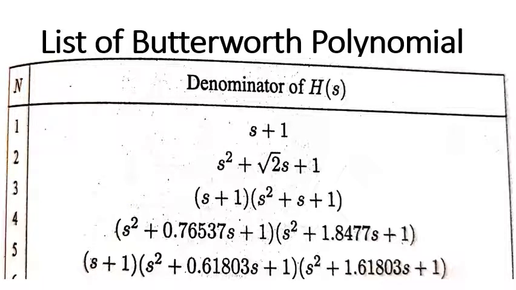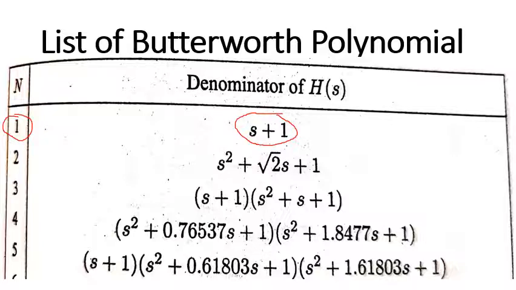Once we have computed the order for a Butterworth filter, next step would be to write the denominator polynomial for the order obtained in the previous step. So the denominator polynomial depends on the order. Suppose if you get order as 1, we write 1 plus s as the denominator for h of s.